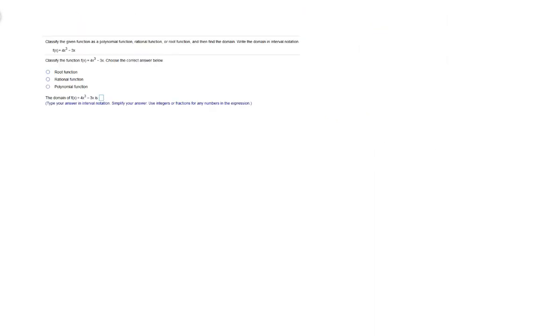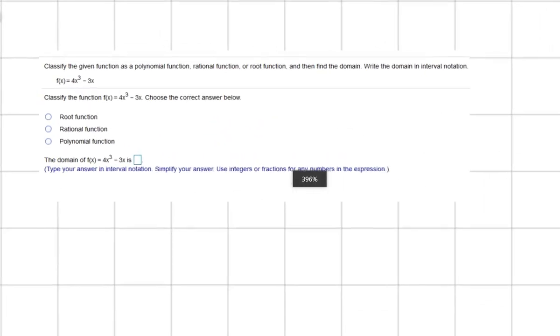The next question says, classify the given function as a polynomial function, a rational function, or a root function. Then find the domain. Write the domain in interval notation. So our function is f of x equals 4x cubed minus 3x.